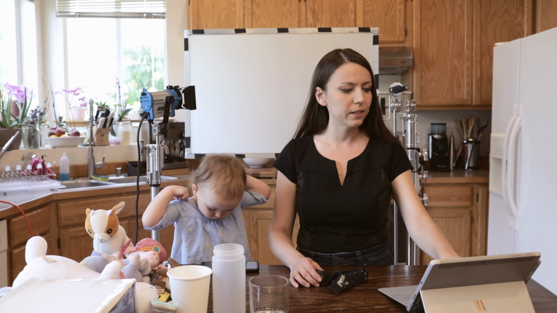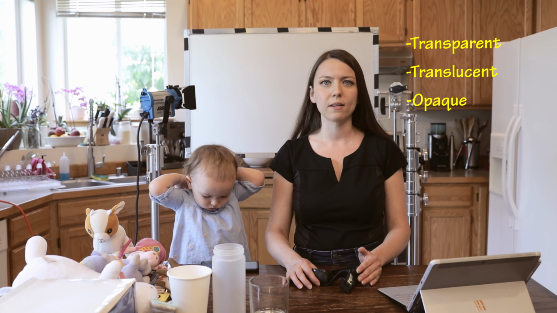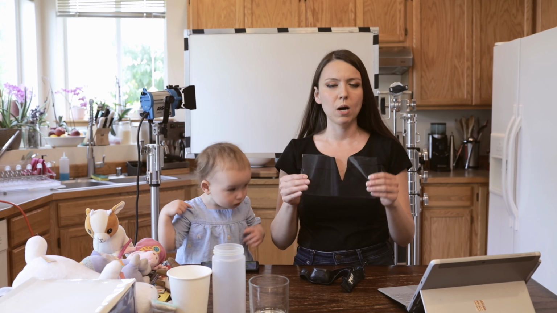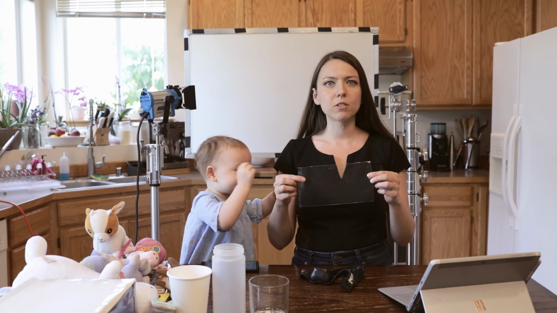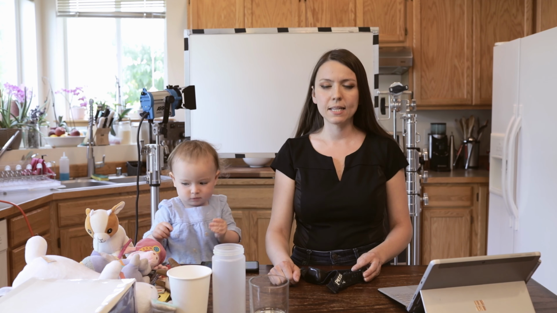So when I went back and looked at different materials, there are three types of materials: transparent, translucent, and opaque. Transparent materials are materials that let light through, like a plastic cover or a plastic lid, or it could be a clear plastic glass or plastic box. Those are transparent materials. The next group of materials are translucent materials.